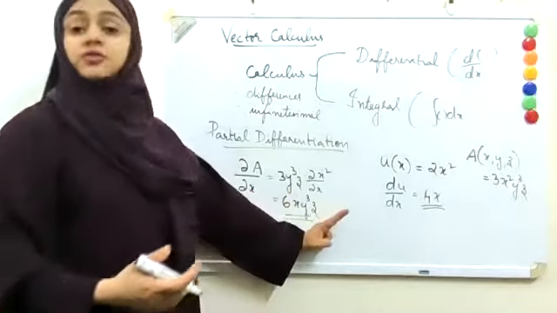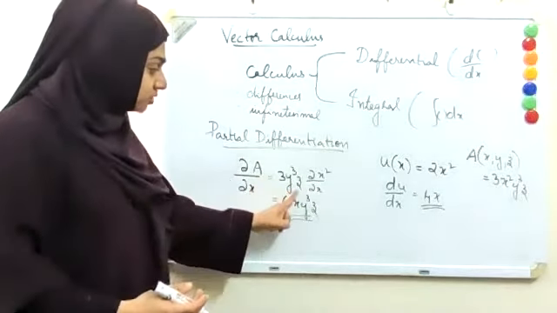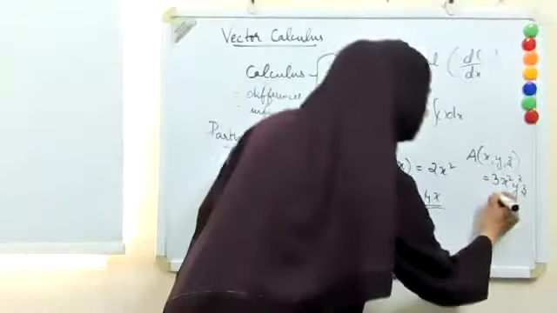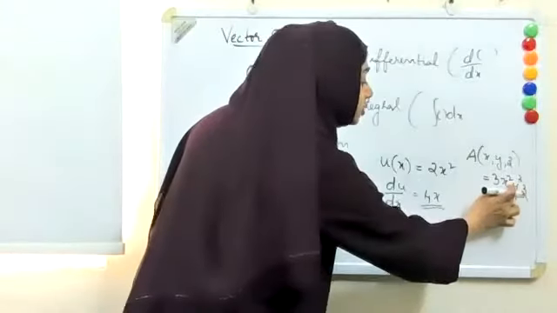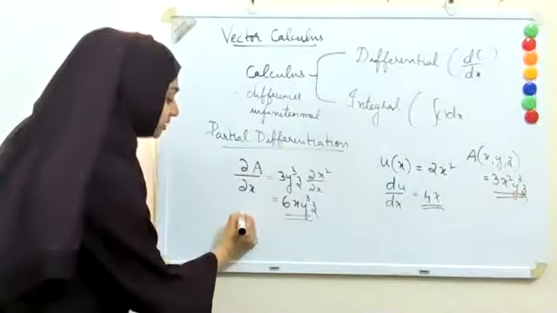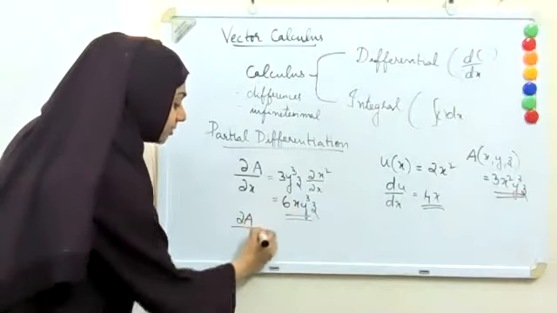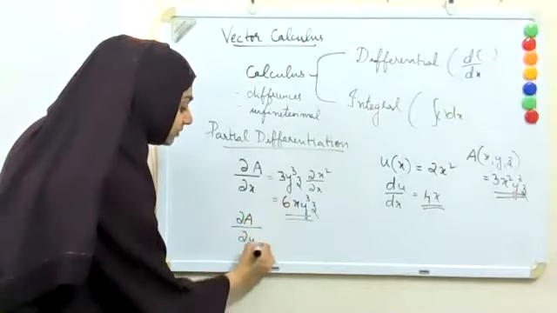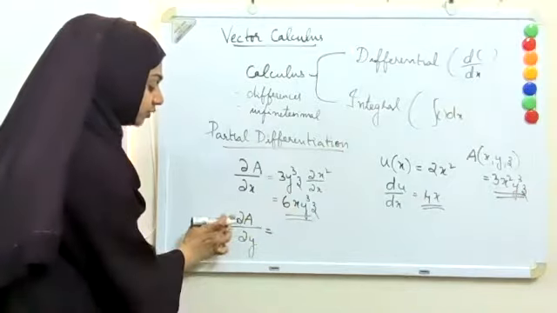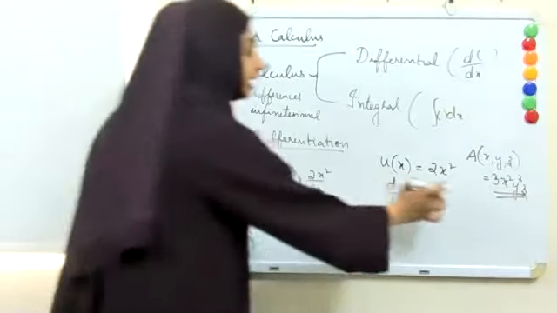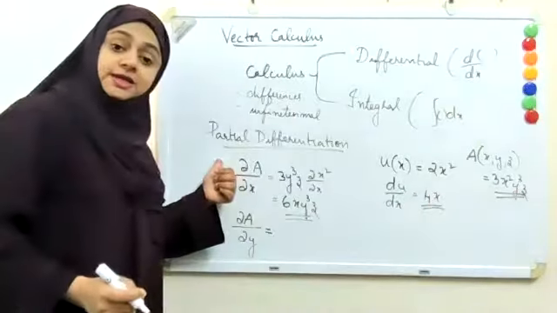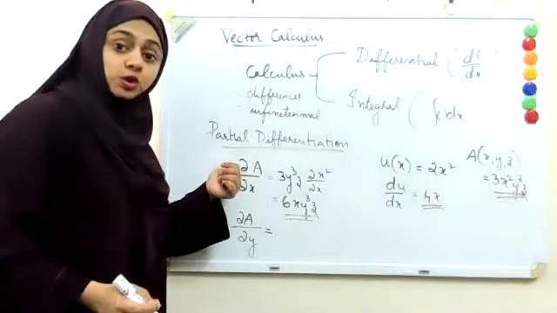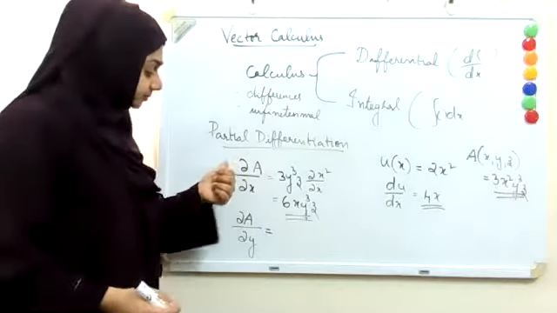Then you can consider all the variables other than the one with which you are doing the partial differentiation constant and then just differentiate. Now, can you tell me how to differentiate this with respect to y? Suppose I am partial differentiating a with respect to y. What will be dou a by dou y? We don't call it d. This expression is called dou or del.